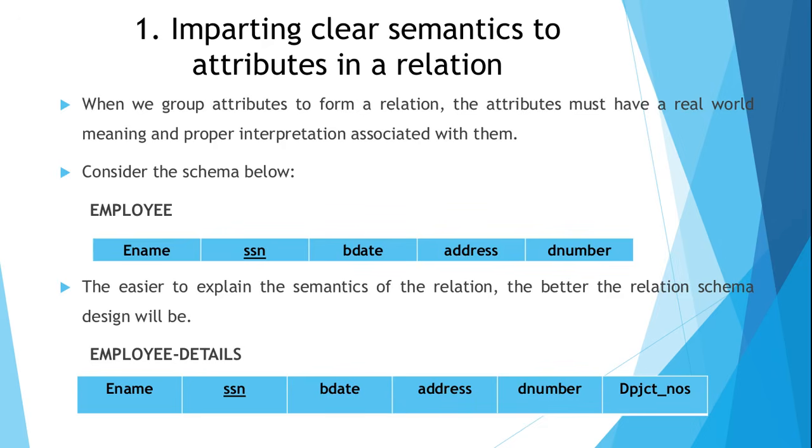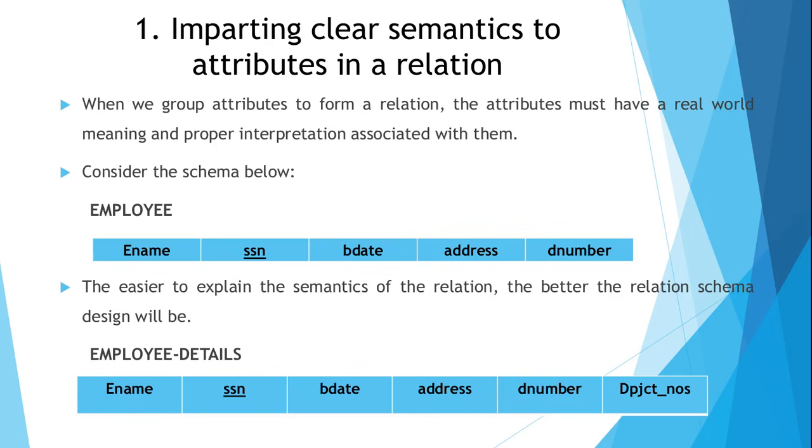Consider the example shown here, the employee relation schema with attributes employee name, SSN of that employee, birth date, address, and the department number of the department in which that employee works. Here all these attributes have a clear semantics related to an employee. This is how attributes should be grouped into a relation.